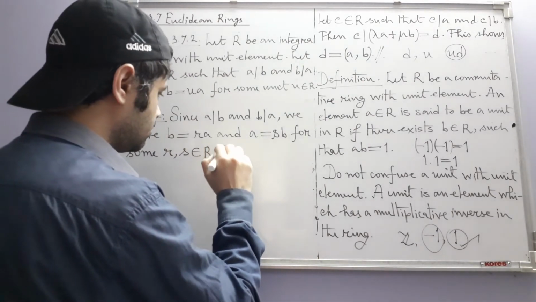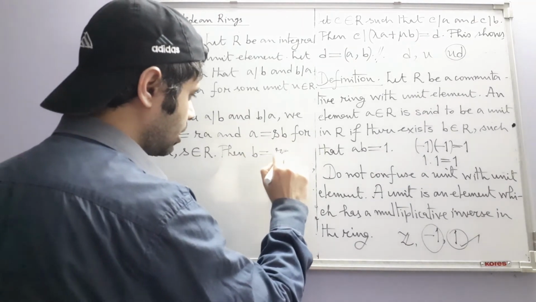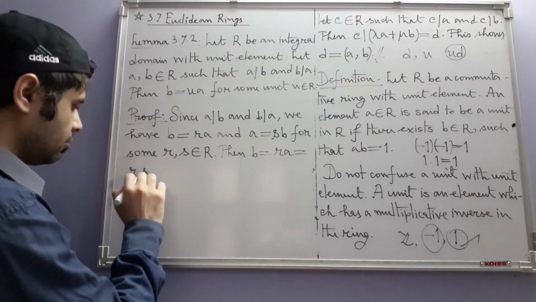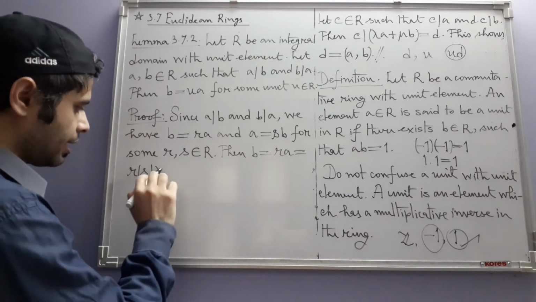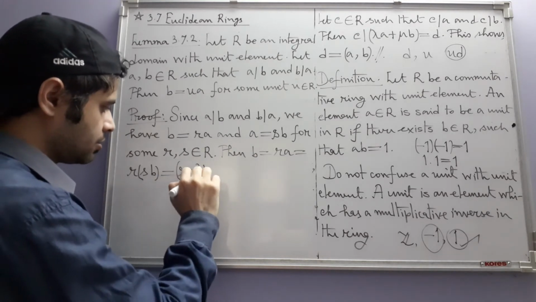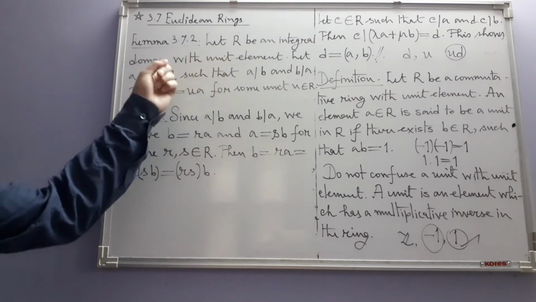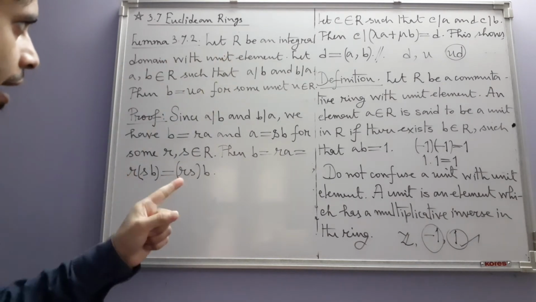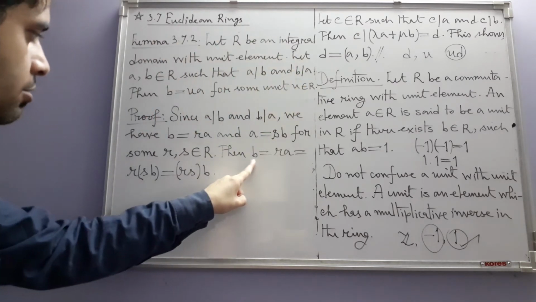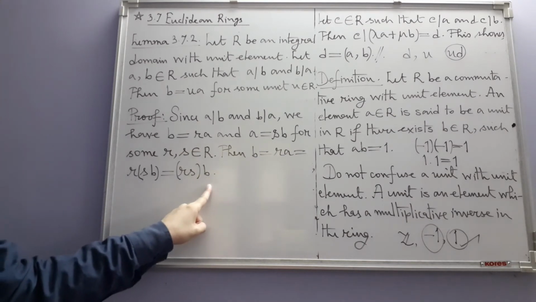Then B is equal to RA, which is equal to RSB, and this can be written as RS times B. Now note that we are in an integral domain with unit element, and because B divides A, B is non-zero. So from both sides of this equation we can cancel B out.